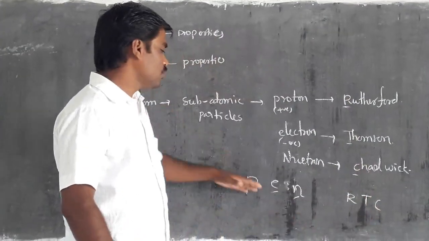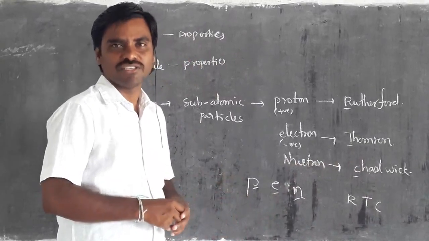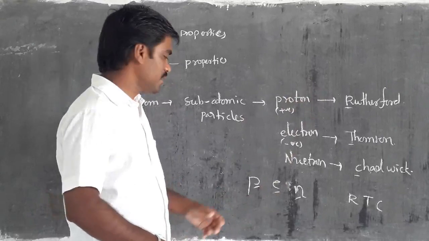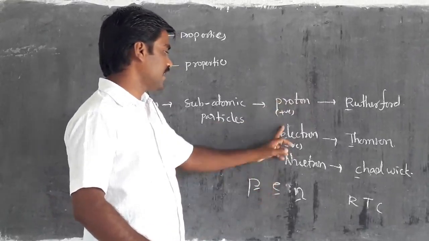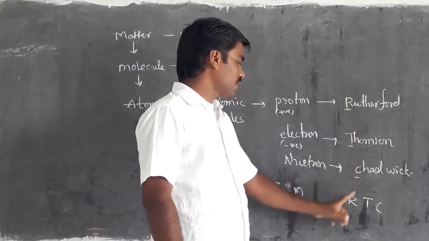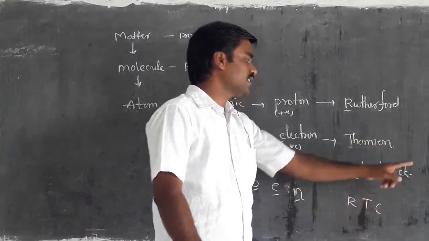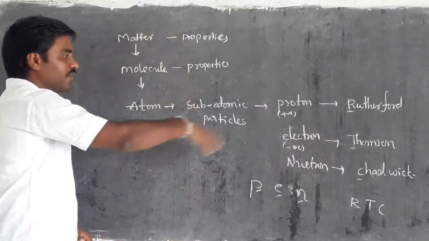So my pen dropped in the RTC bus. Generally we use that logic to remember who discovered a particular subatomic particle. In PEN, P indicates proton, E indicates electron, N indicates neutron. In the same way, R indicates Rutherford, T indicates Thomson, and C indicates Chadwick. This is the representative information about what we discussed in the ninth class.